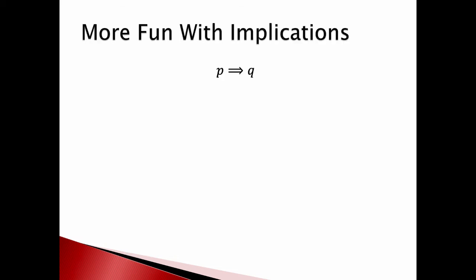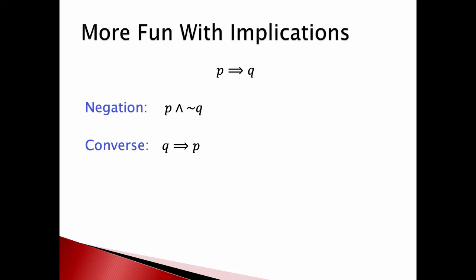Now, there's a bit more fun we can have with implications. So let's summarize what we've done so far and see one more thing we can do. If we're looking at an implication, P implies Q, we know its negation would be P and not Q. And we talked a bit about its converse, although we didn't call it that a few minutes ago, where instead of looking at P implies Q, you turn the arrow around and you look at Q implies P. And remember, that did not necessarily have any connection to the original one.